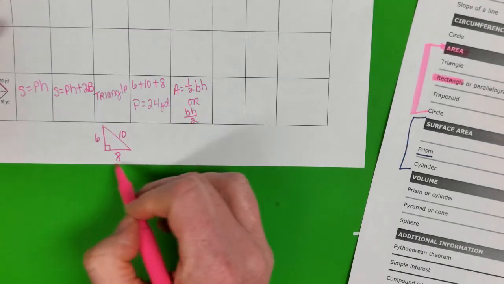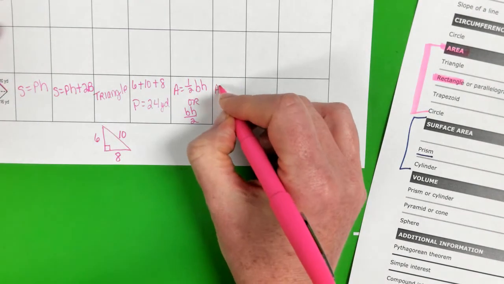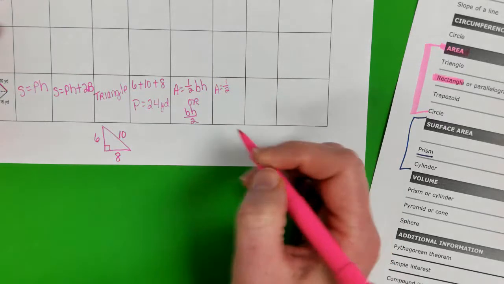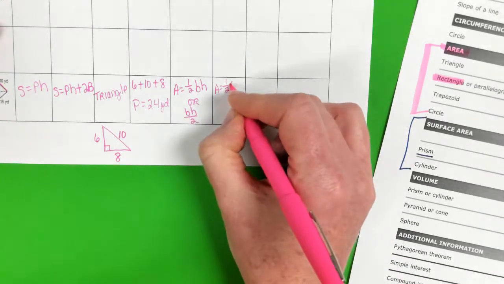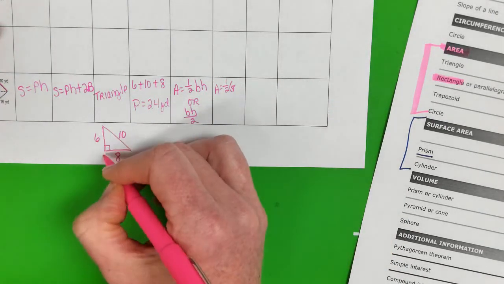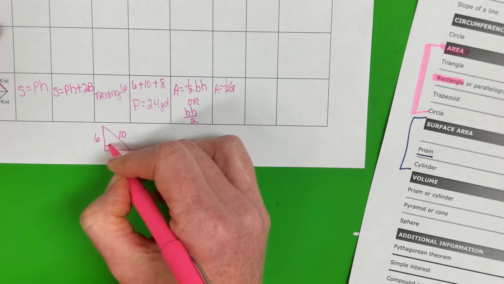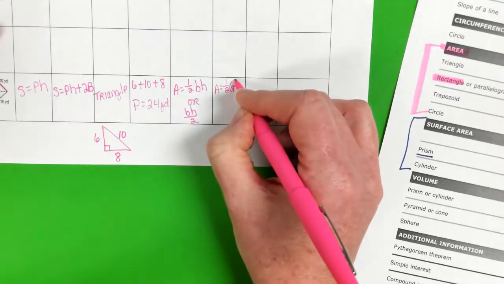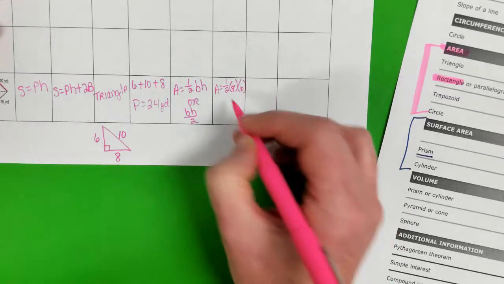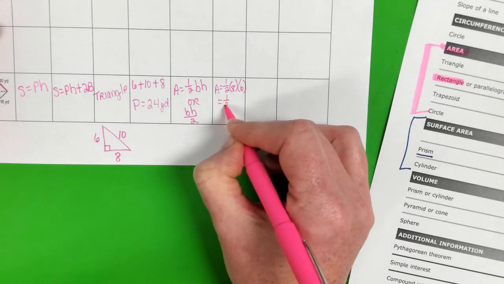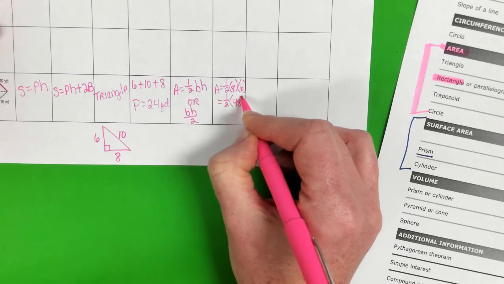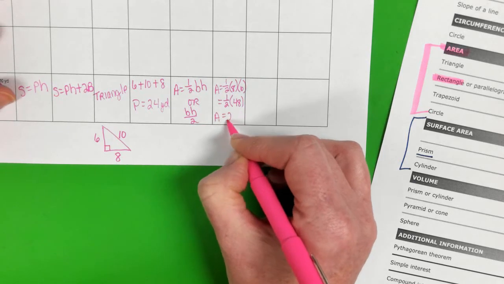So let's look at our triangle here. 1/2, the base is 8. The height has to be a 90-degree angle, so the height is 6. So this would be 1/2 times 48, which is 24.